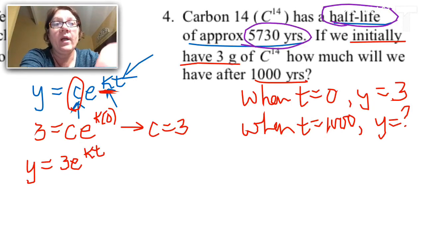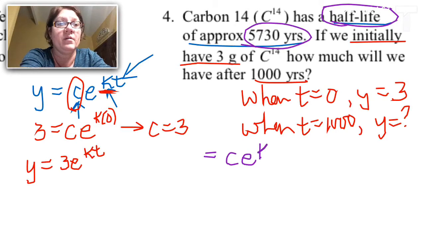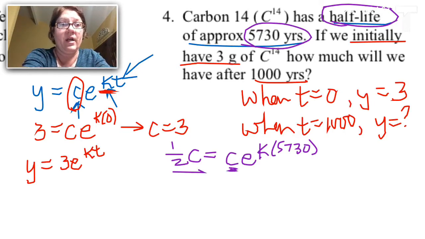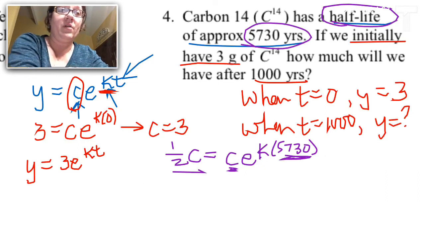So when I'm looking at this problem, I know that whatever c starts out as, after 5,730 years, which would be my time, I'll have half of c left. So whatever I started out with, I'll have half of it left after 5,730 years.